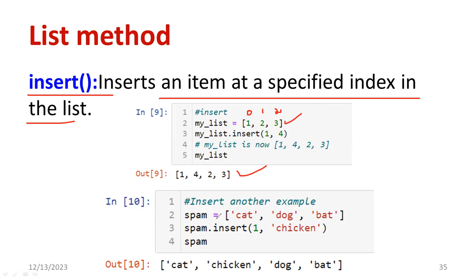We have another example. Spam is one of the new lists: cat, dog, bat, all of string data type.